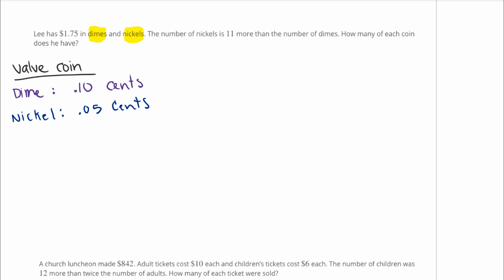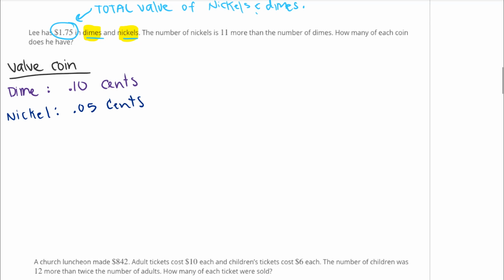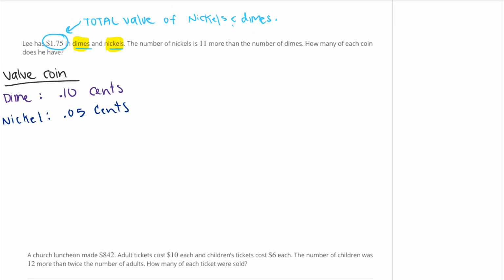Now I know that I have a total amount of value. This 1.75 would be my total value, and it's consisting of nickels and dimes. So what is it really telling us?